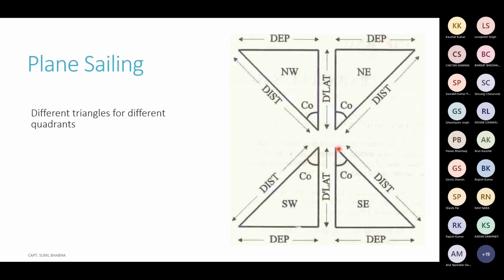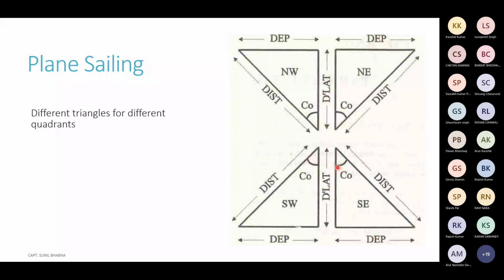This position represents our starting position. This position here represents our destination. This side, the hypotenuse, represents the distance. The vertical side is the DLAT, and the horizontal side at the bottom is the departure.